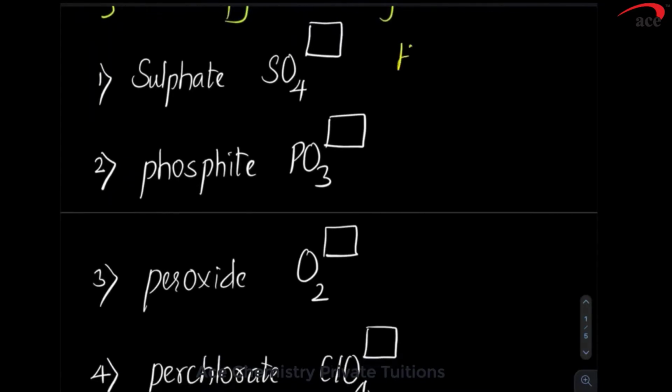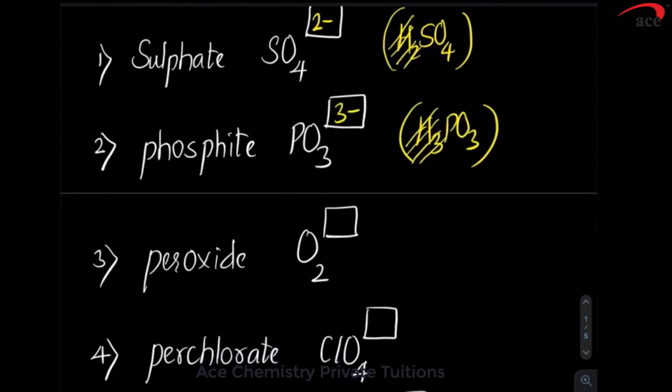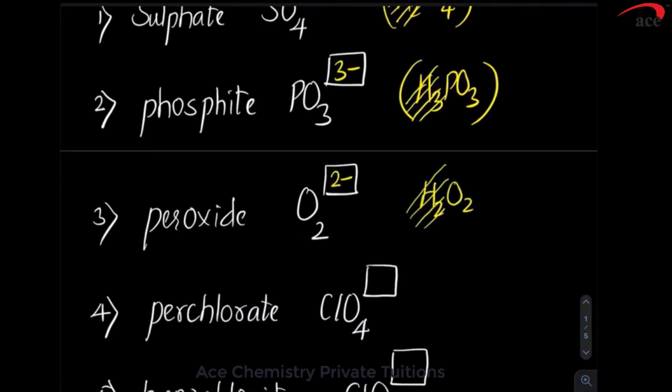So now check. It comes from sulfuric acid by removal of 2H plus, therefore 2 minus. While this comes from H3PO3, phosphorous acid, by removal of 3 hydrogens, so 3 minus. Peroxide comes from hydrogen peroxide by removal of 2 hydrogen, so 2 minus.